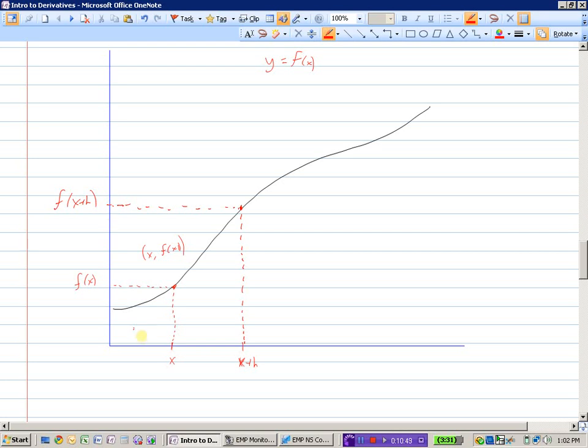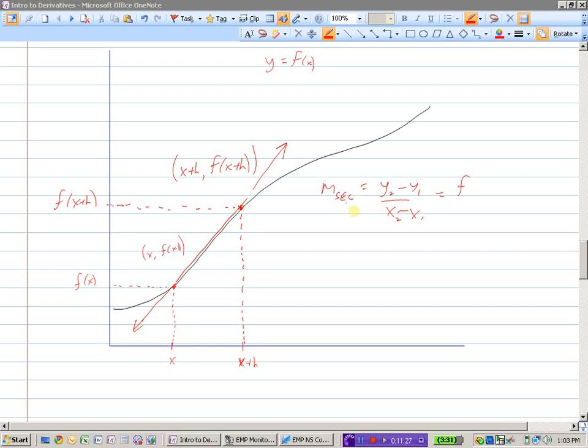And if I found the slope of the line that connected those 2 points, my formula would be, just like we did before, slope is always y minus y over x minus x. Let's put the coordinates of the points on here. So this was x plus h, that's our x-coordinate for this point, and f of x plus h is our y-coordinate for our second point.